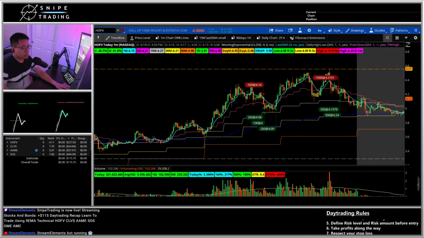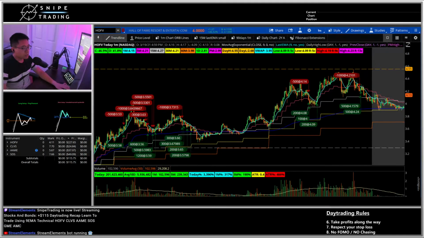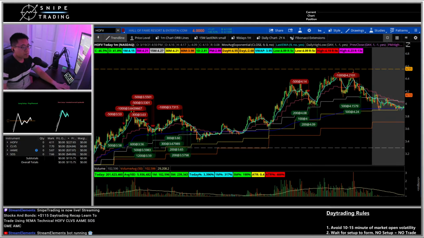Then it broke high of day later in the market for this flag play. It was a 15-minute flag. I wasn't confident in it just because it was extended on the hourly during this time. As it broke, the hourly started catching up here.